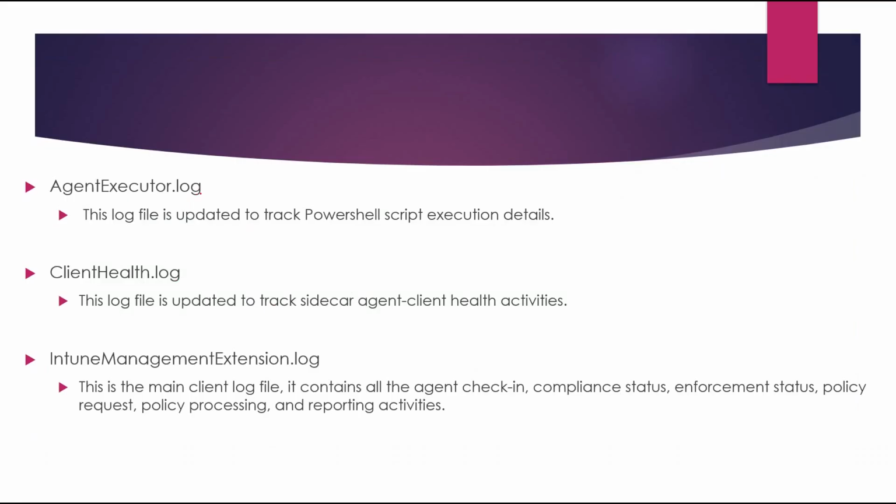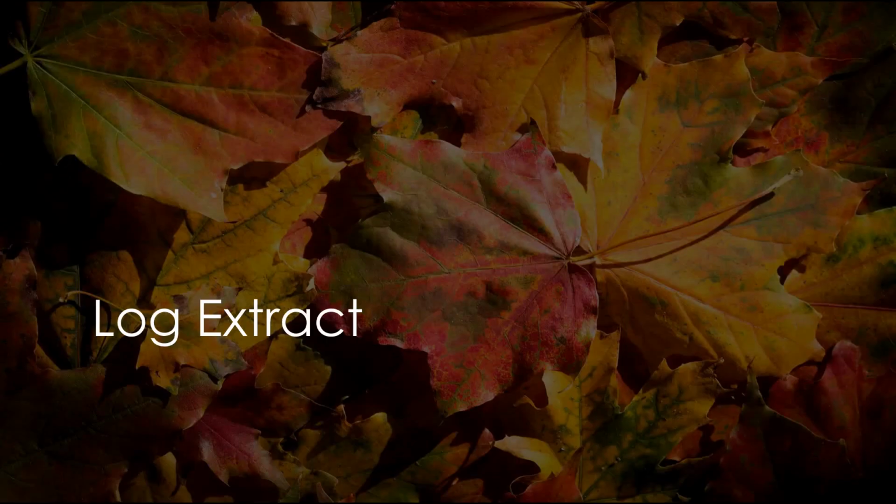Agent executor is usually used for tracking PowerShell script deployment. Intune management extension is used for Win32 app deployment. Client health log is used for making sure that the IME agent, that is the main tech guy that we have over there, is keeping well. That's what the client health log is for.